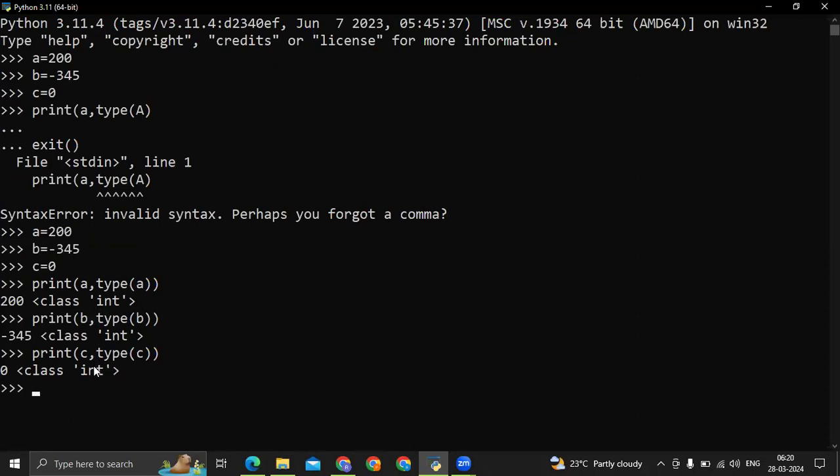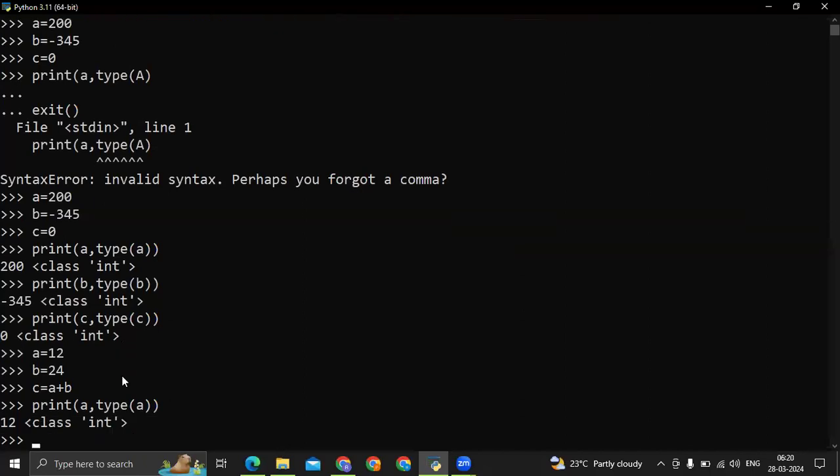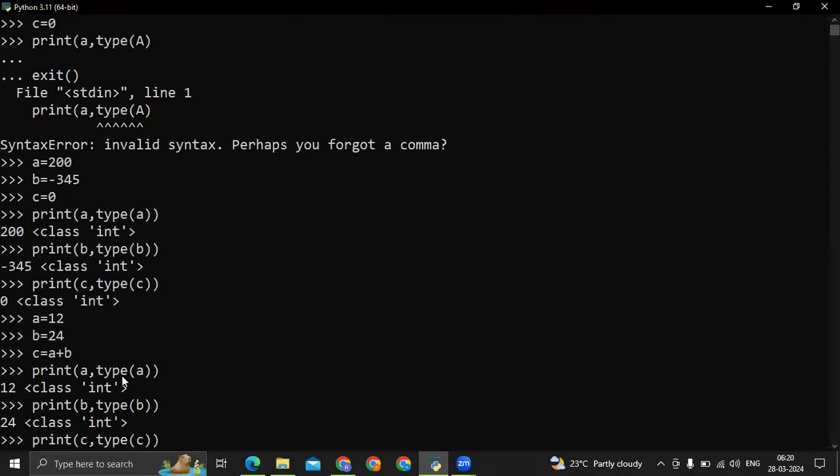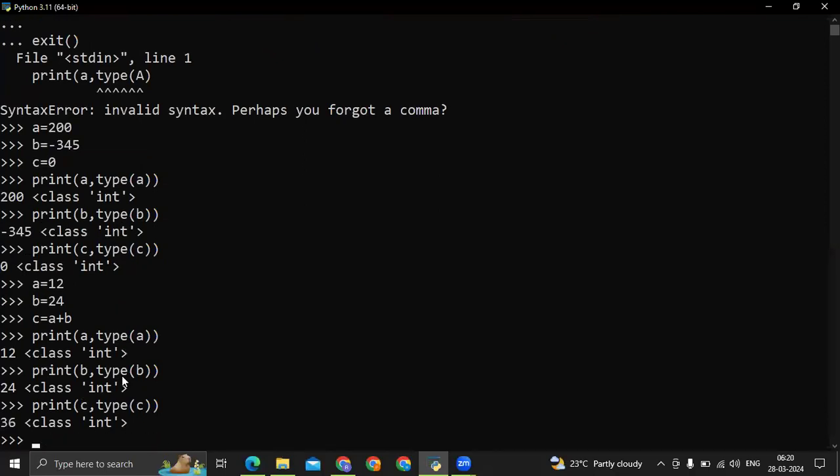Now let me show you one more example. A is equal to 12, B is equal to 24, C is equal to A plus B. Now print A, type of A, print B, type of B, print C, type of C. It's added now. Right?